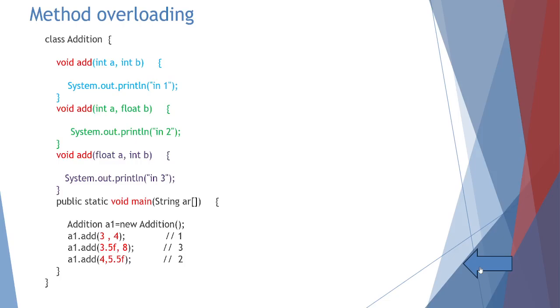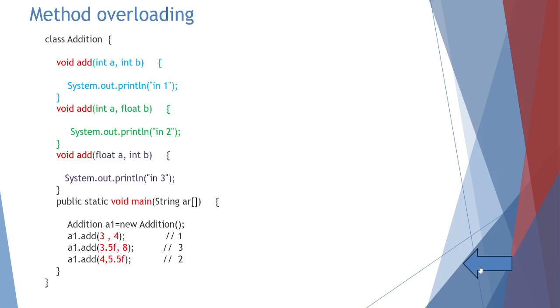Now, void main. Since these three methods are instance methods, we need to create an object. So a1 object is created. Calling the methods: a1.add(3, 4). At compile time only, the method call will be pointed towards the first method because the first method is receiving two integer parameters. But the second statement in main, that is a1.add(3.5f, ...), that is float number followed by int number.